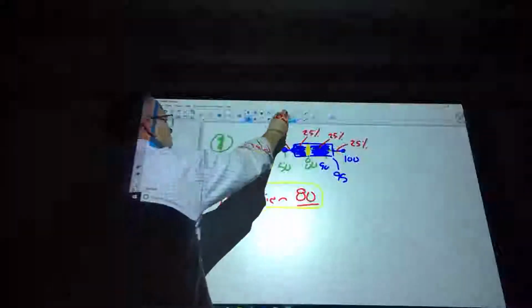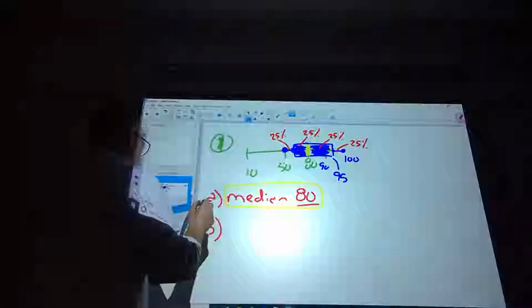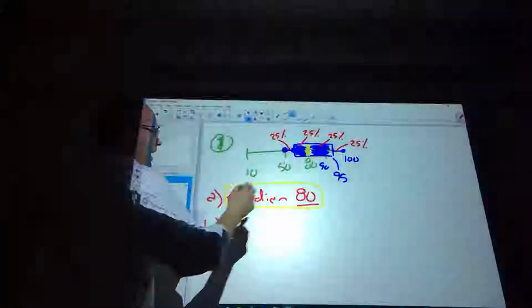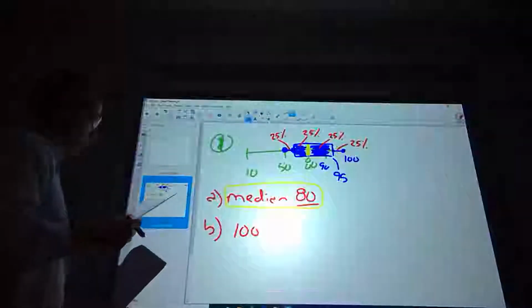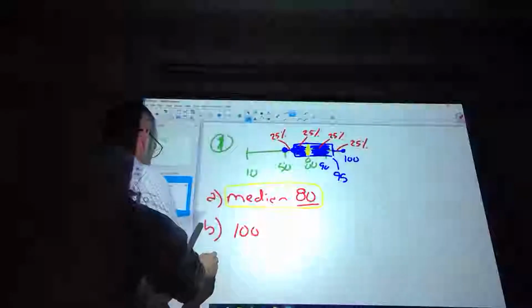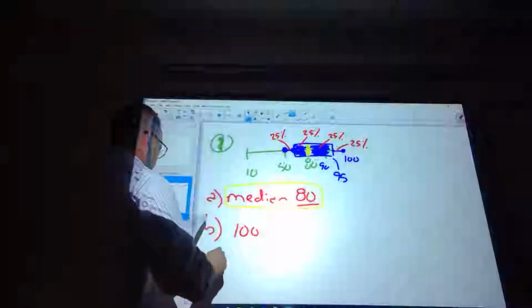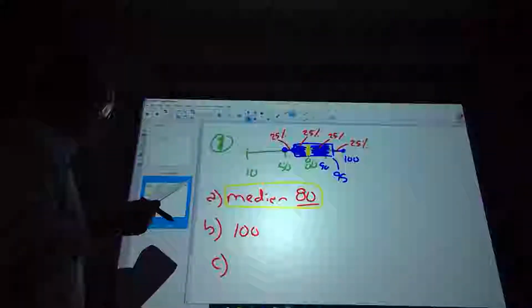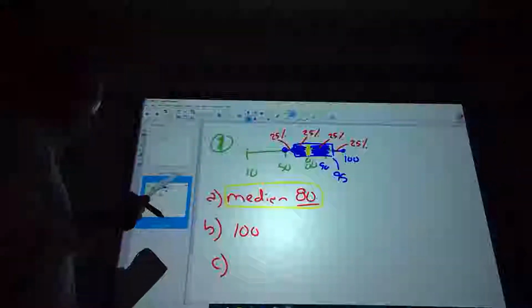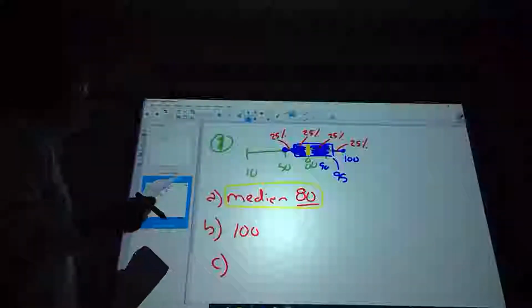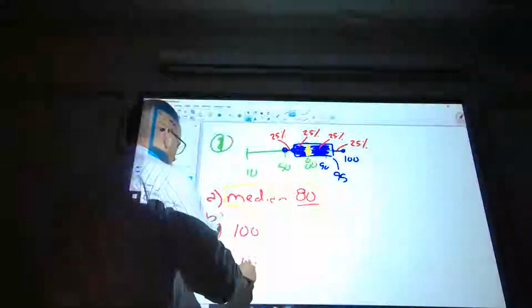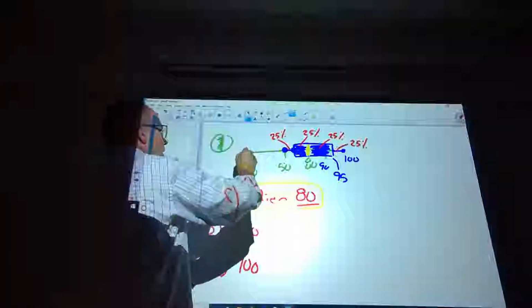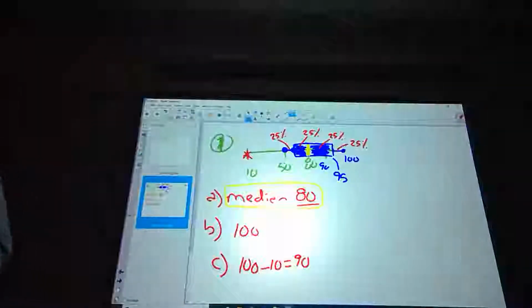Okay, what was the highest score that somebody earned, the overall range of data? I'd say, well, it's way out here, so that's got to be 100. That's got to be your highest score. And what is the overall range for the data? For the overall range, I'm going to take 100, and then because I had one score down here at 10, I would subtract that and know that our scores span 90 points.